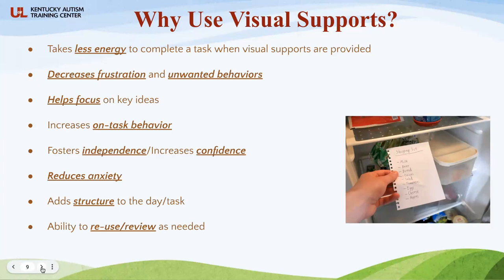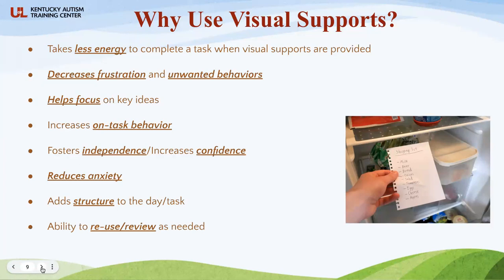They'll be more confident in completing tasks and being able to, if they're earning something for completing a challenging task or a non-desirable task, then they'll have confidence that they can get to it. Reduces anxiety because they know exactly what to do in order to get it done, to be successful. Adds structure, right?